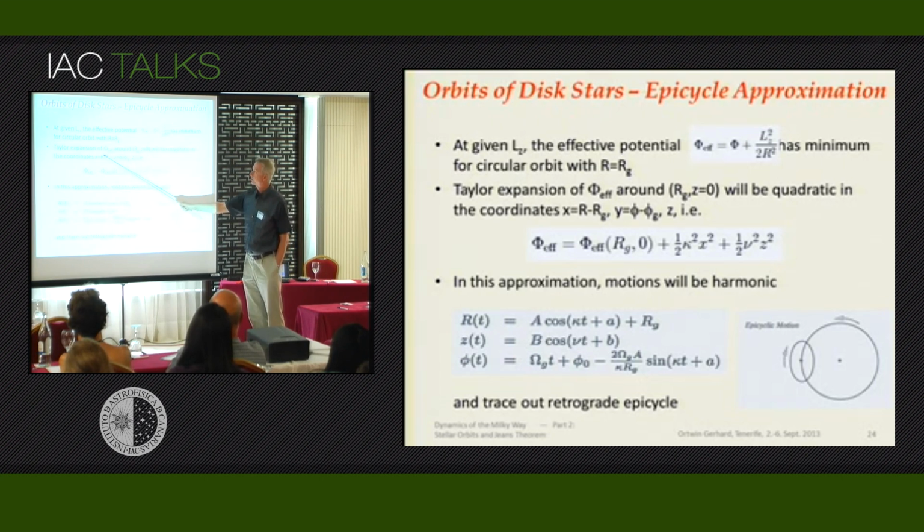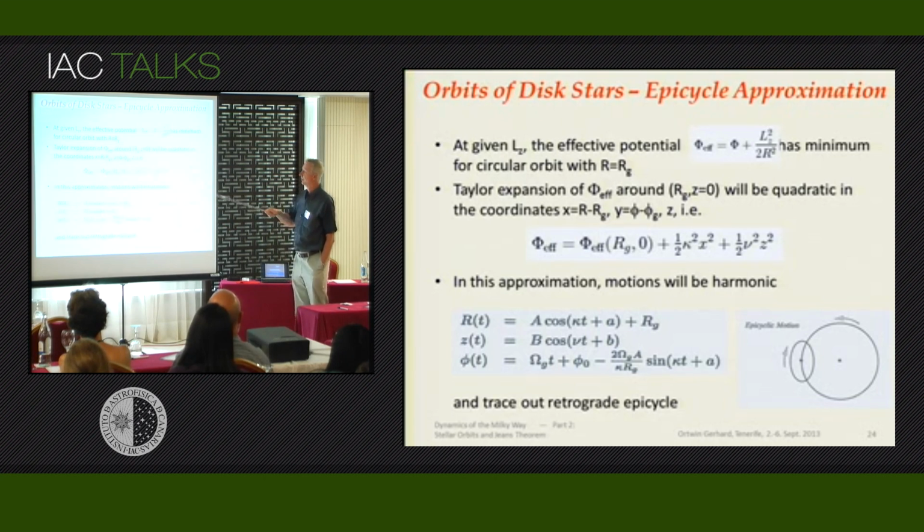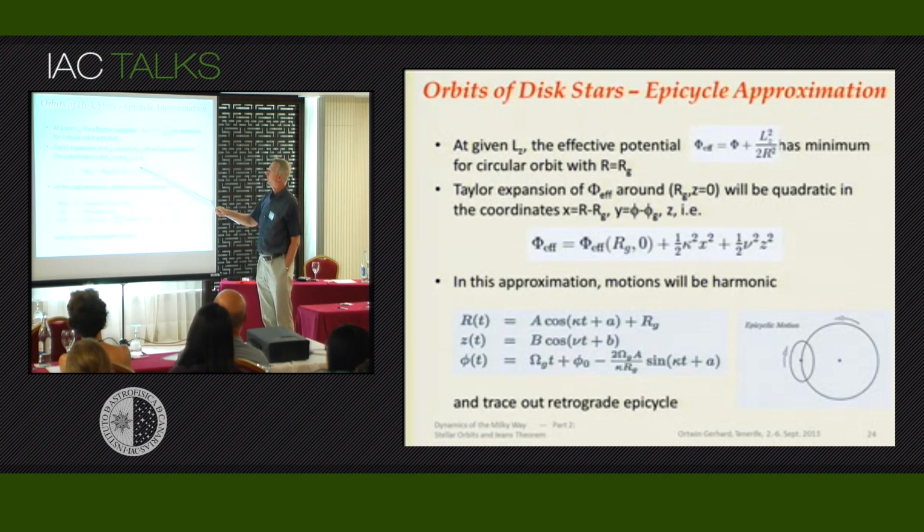And so at the bottom you have a quadratic expansion. And then you can write it as the value on the circular orbit plus some quadratic term in x, which is the difference in radius to the guiding center radius, and the quadratic term in z, which describes the excursion from the plane of the disk.